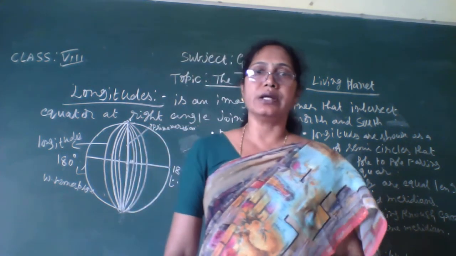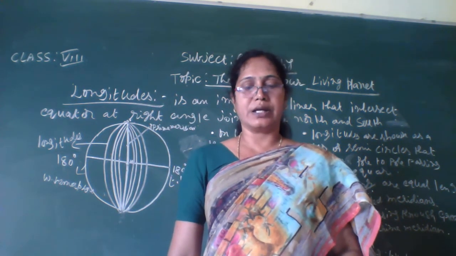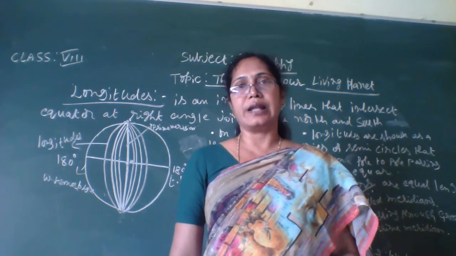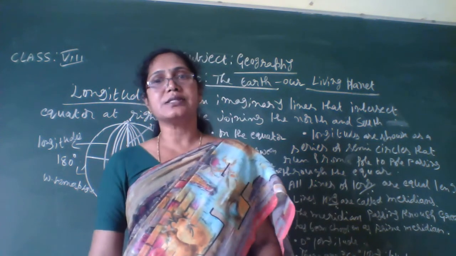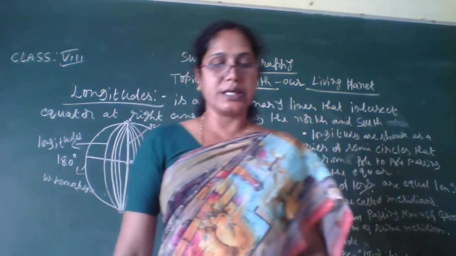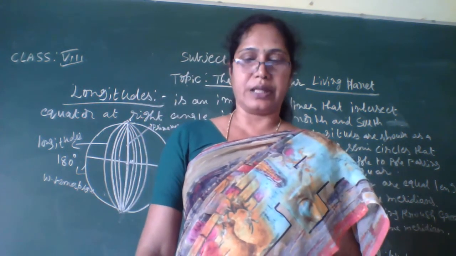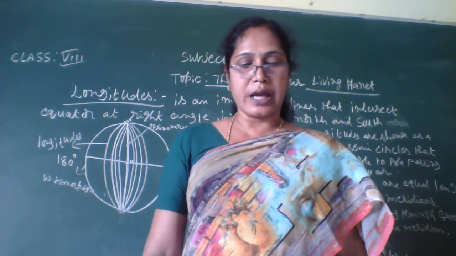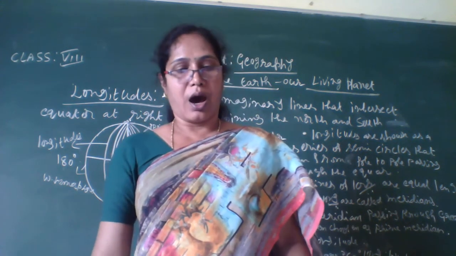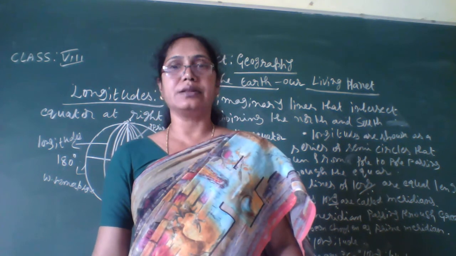It is measured in degrees. The equator is the longest latitude. It is known as the Great Circle, equal to the circumference of the earth. Other lines of latitude are of shorter length.